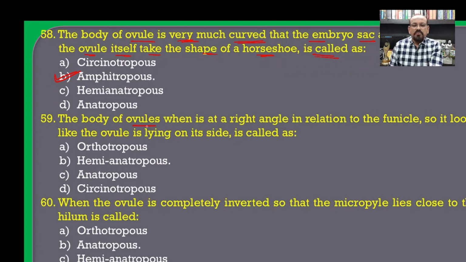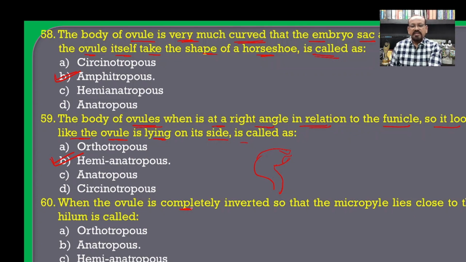Then the body of the ovule, when it is at right angle in relation to the funicle, so it looks like the ovule is lying on its side. Such a condition is the presence of a hemitropous ovule, and hence B is the correct answer for this question.